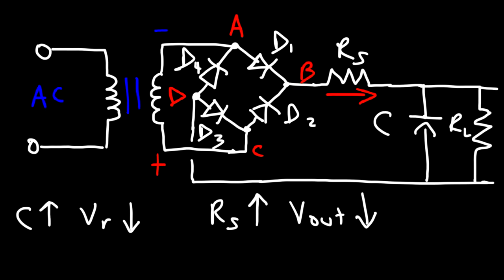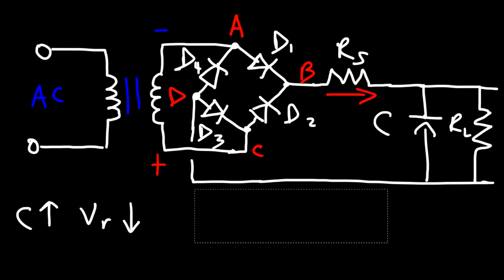And so that's one disadvantage of using this series limiting resistor. It will decrease the output voltage as you increase its value. So there's always some sort of trade-off. You can protect the diodes from the surge current, but you'll reduce the output voltage. So it might be easier just to use a diode that can handle a larger current value.